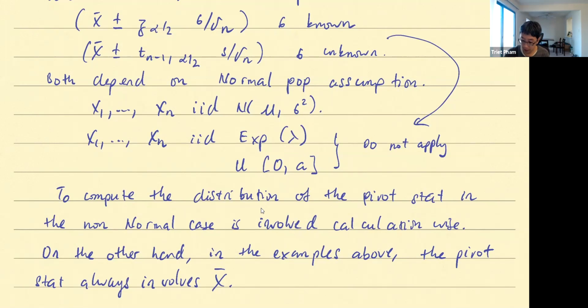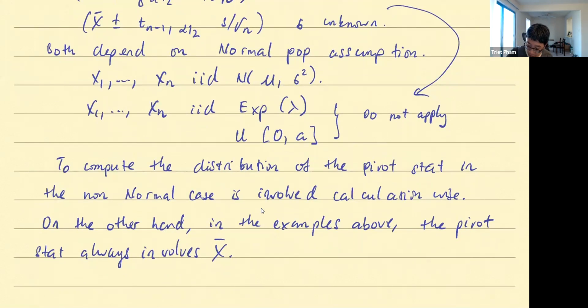That's why I say that computing the distribution of the pivot stat, meaning knowing what X bar or some normalized version of X bar looks like, can be involved calculation wise. But on the other hand, if we assume n is large, then X bar is approximately normal.